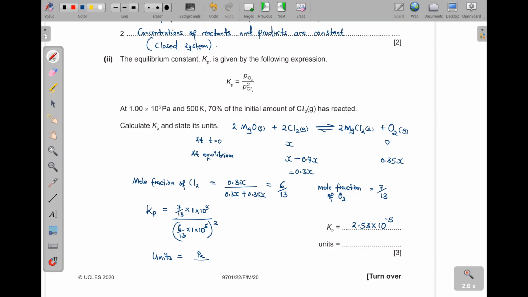But down here we have pascals squared, which is the same as pascals times pascals. This one cancels with that, and you get 1 over the pascal, which is the same as pascals to the power negative 1. So I can write pascals to the power negative 1.